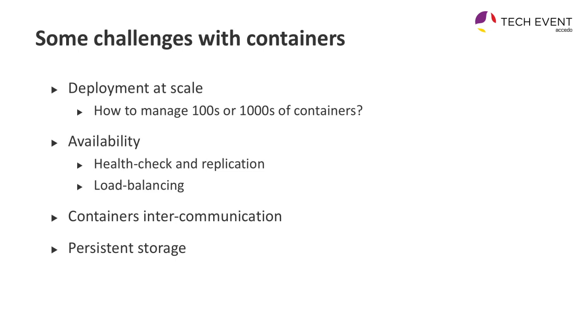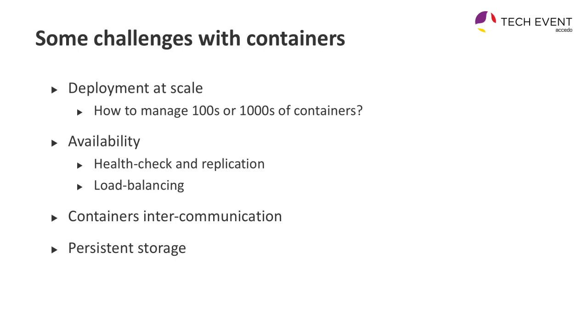Container intercommunication: a typical example is if you have 2 containers, one application container and one database, and your application container wants to talk to the database container, how do you achieve that? Persistent storage, similar to the previous example: if your database container goes away, your data should not be lost. So how do we ensure that persistency?